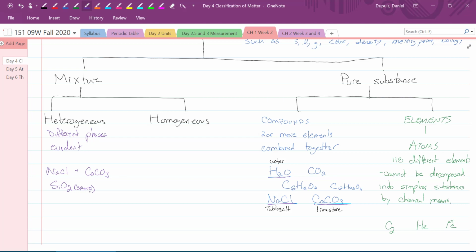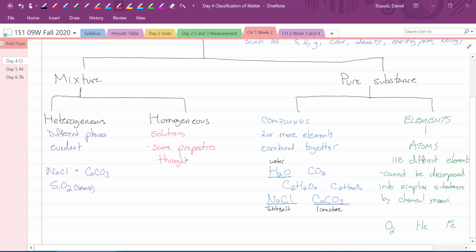Homogeneous mixtures are solutions. And these have the same properties throughout.